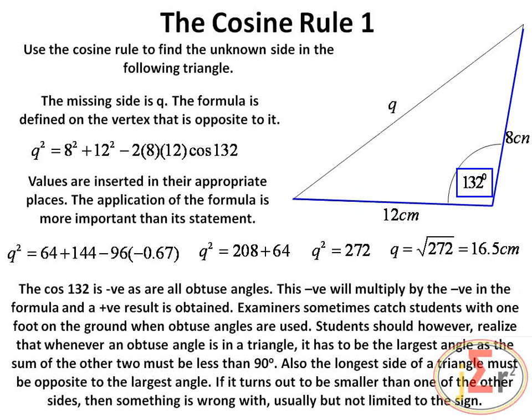Usually it is wrong with this sign, but it's not limited to the sign. So when you have the side that is opposite to an obtuse angle being shorter than any other side in a triangle, then we know that something is wrong.